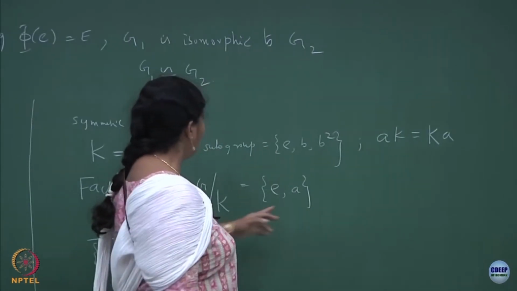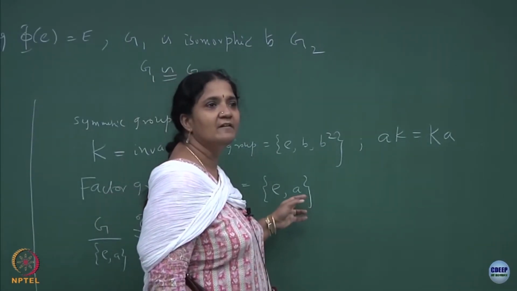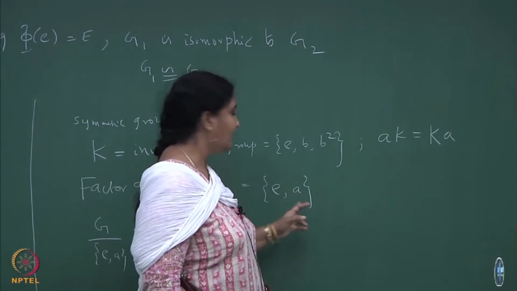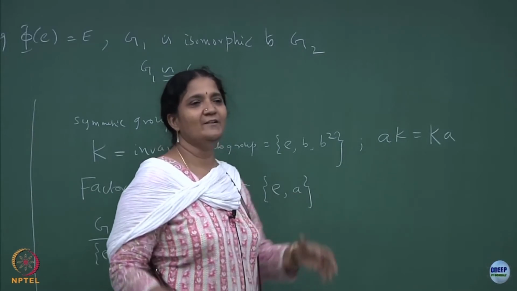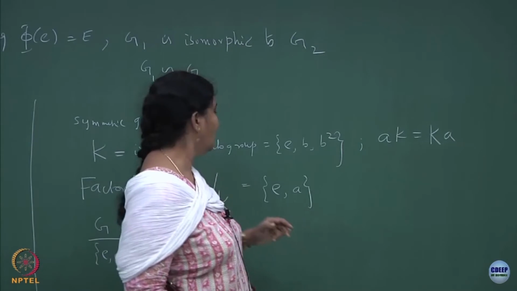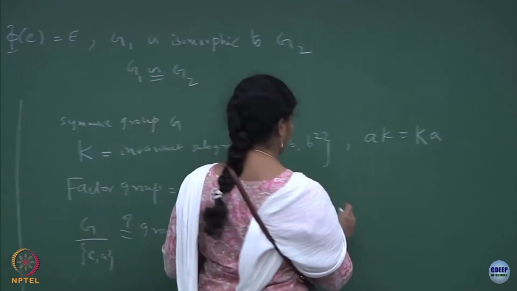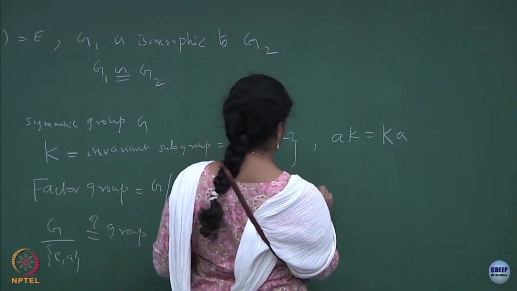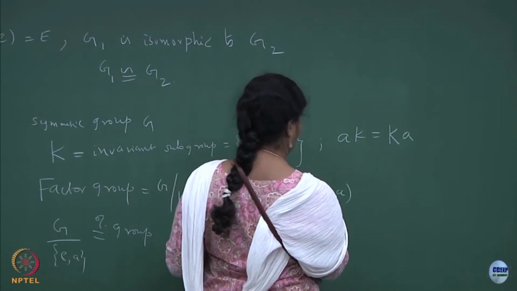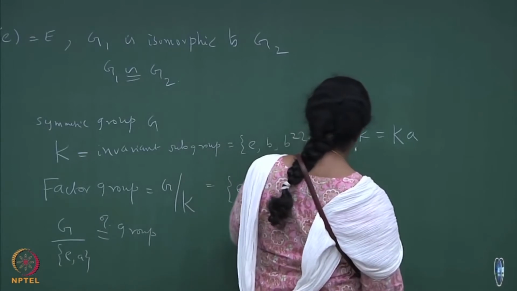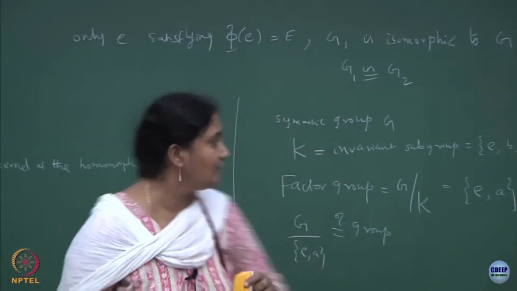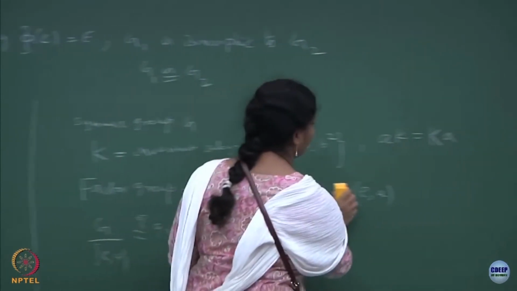If the group itself has only one element, okay, which means that you have only two cosets to start with, right. One coset with, so you have only two cosets to start with. So, there is no point in talking about left coset and right coset.